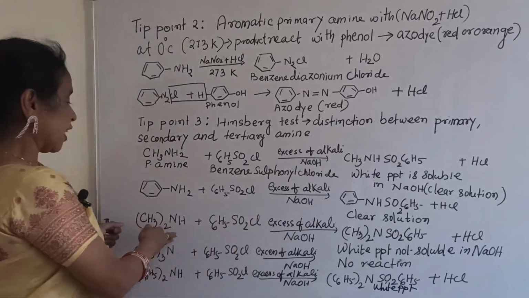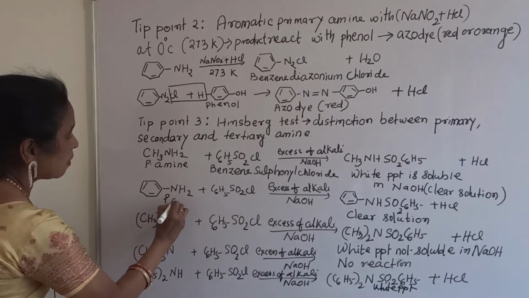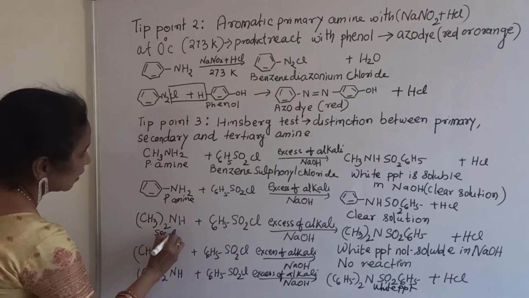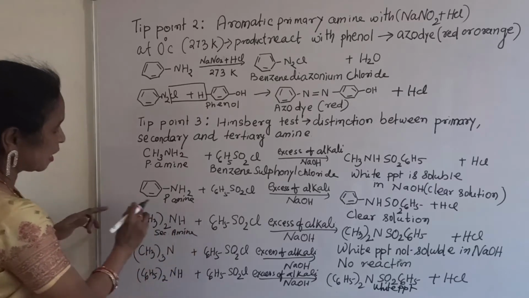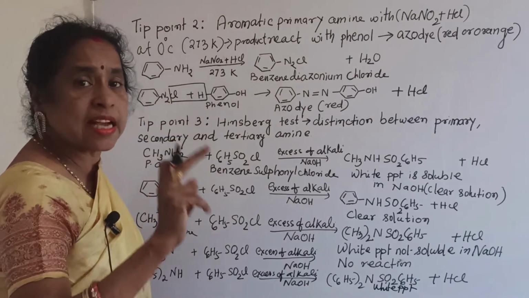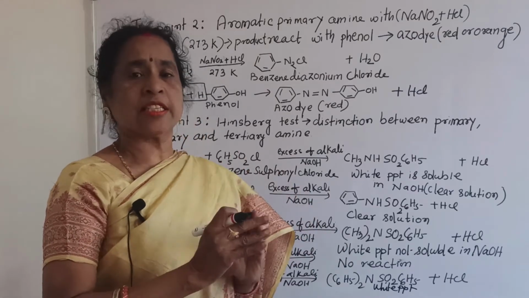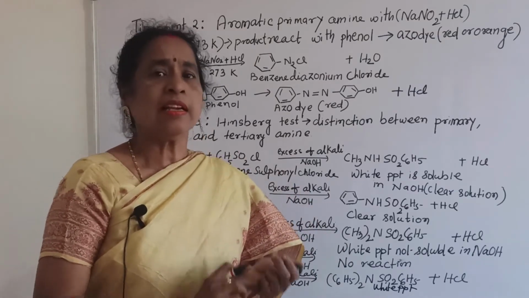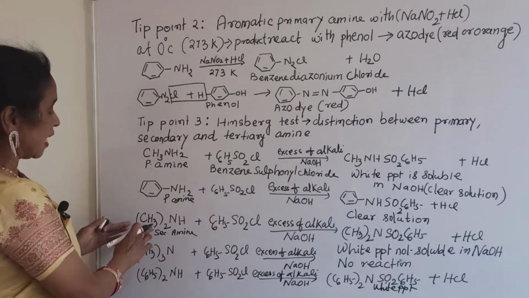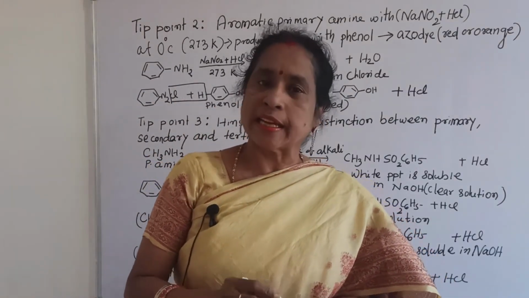Next come to secondary amines. Here only one hydrogen is there, because the formula is R2NH. Let us write dimethylamine, which is a secondary amine.